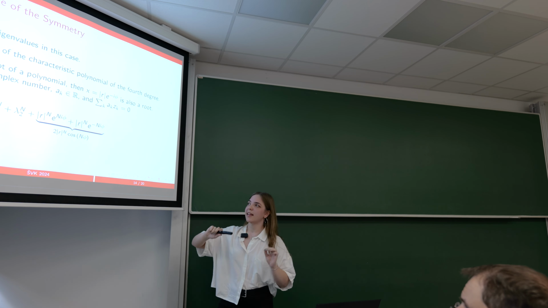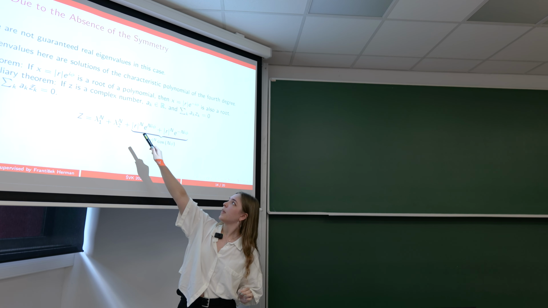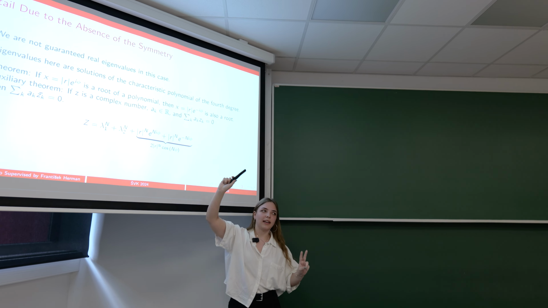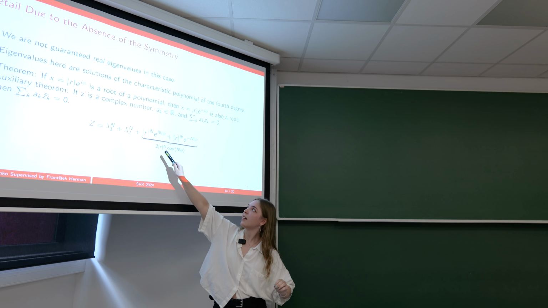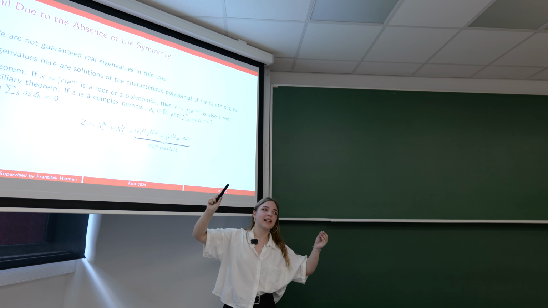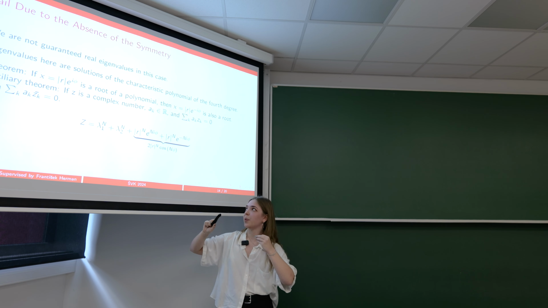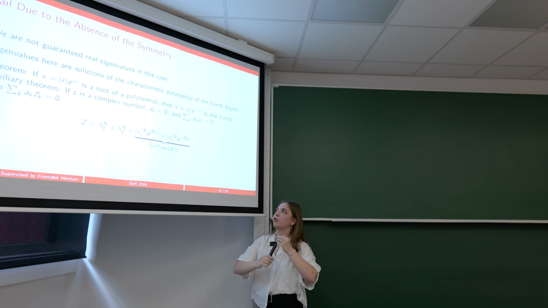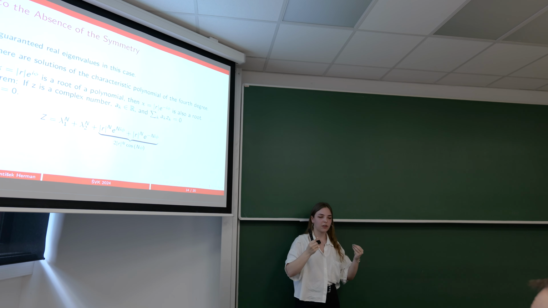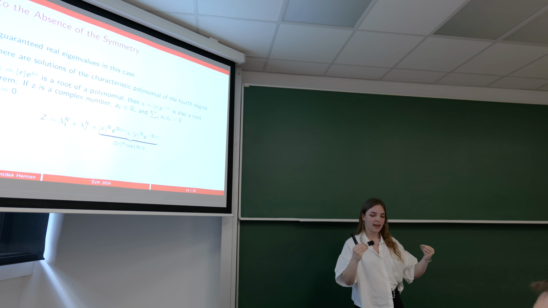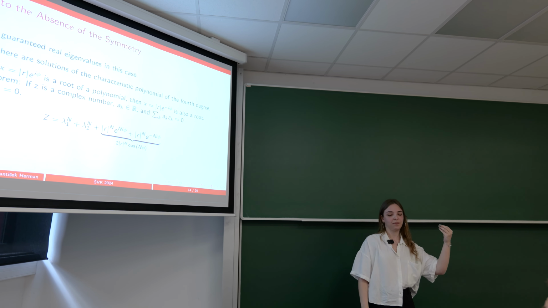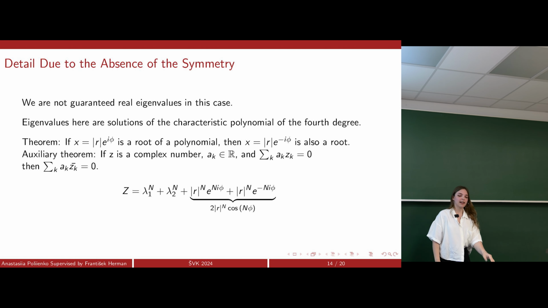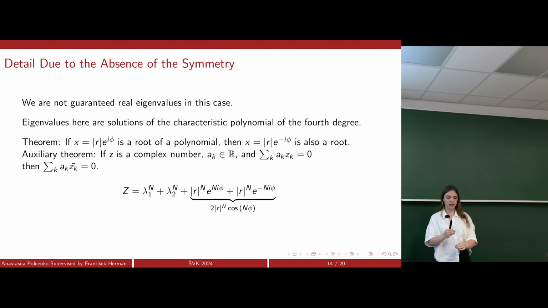That is, let's say, lambda 1 and lambda 2 are real, and here two eigenvalues are complex, so if one of them is complex, then the other one is complex as well, and it is paired with it. So we can rewrite their sum as a cosine function, which is real, and we have solved this problem: even though we can have complex eigenvalues, we still have a real partition function.